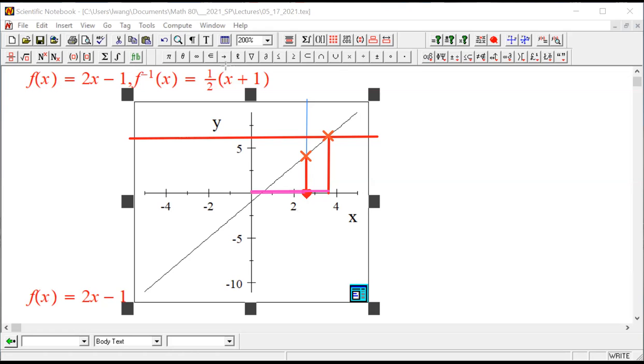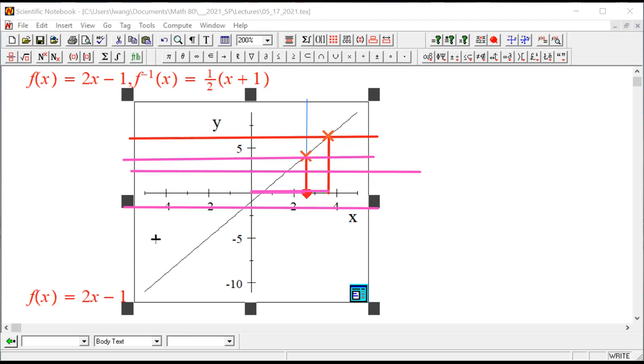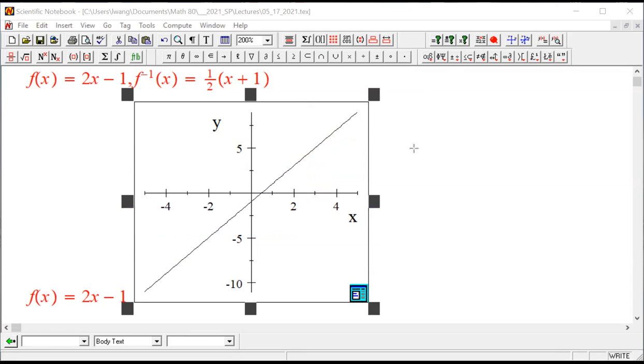So to test if a function is one-to-one, you just have to draw these horizontal lines. Each horizontal line crosses it once. So not only does the vertical line test pass, the horizontal line test also passes. And what does it signify? Let's go back to the definition.